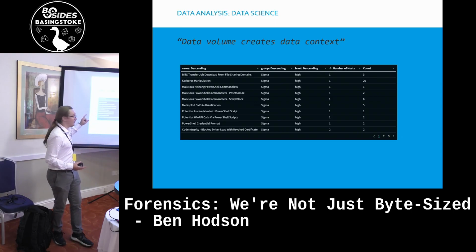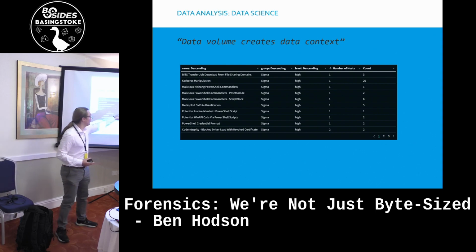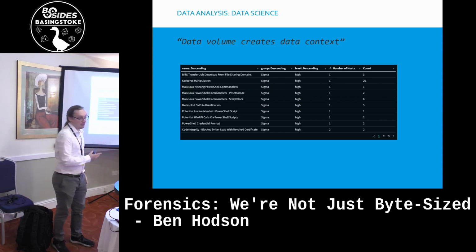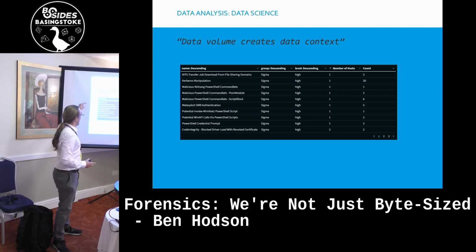That example there is a real example. Of those, I literally just sorted by number of hosts. The only two that were false positives were these two. So those are high-level detections, they're not critical, and most of those top ones, which as you can see, Metasploit SMB, Mimikatz, are not something you want to see.